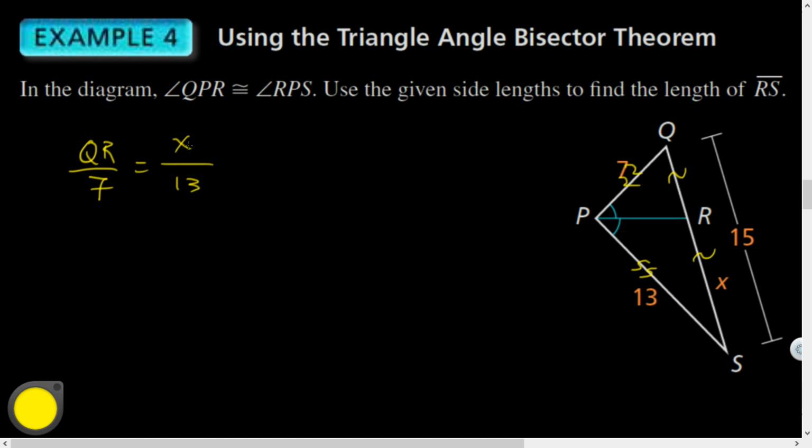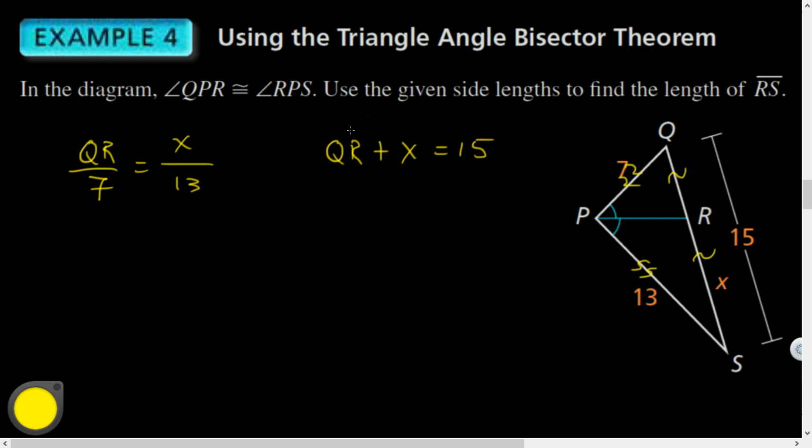I've got two unknowns. Could someone give me another fact that might help us out here? Okay, 15 minus x equals QR. 100% agree. If you didn't recognize that, you might recognize it in this form: QR plus x is equal to 15.